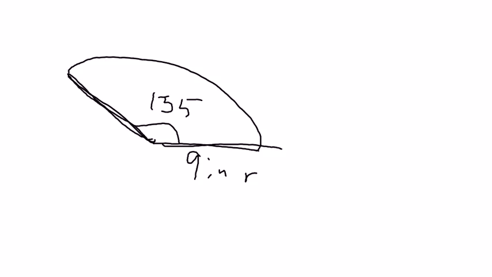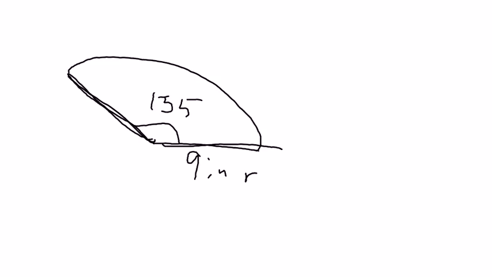Number 7, find the area to the nearest tenth. I have 155, and 9 inches is my radius. I'm assuming this is a circle where this length equals this length. Okay, it's going to be important that it is a portion of a circle.